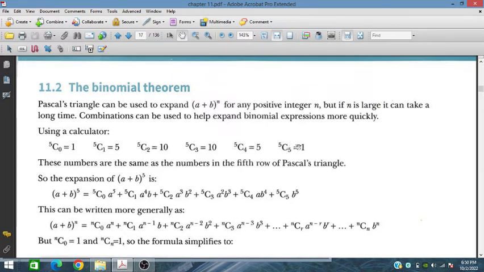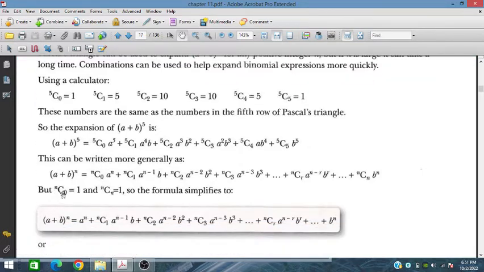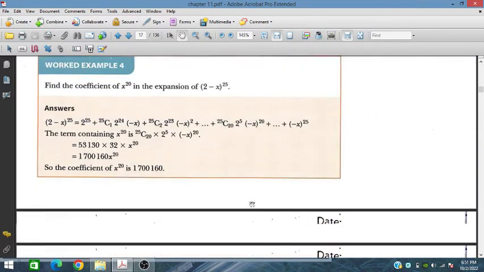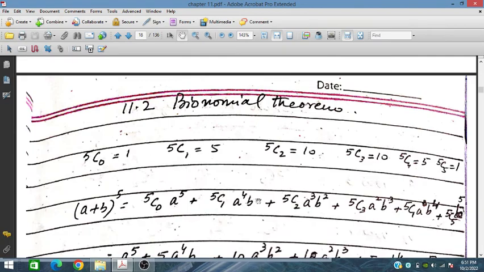We write it like this: 5C0, 5C1, 5C2, 5C3, 5C4, and 5C5. 5C5 means 1 and 5C0 means 1. So we can write nC0 is 1, nCn is also 1. So this value will be obtained like this. We will solve it by using the binomial theorem.